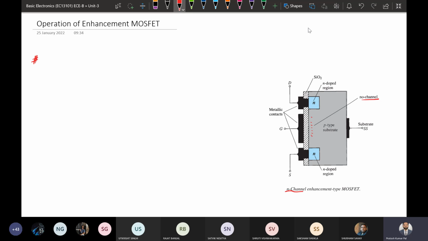To create a channel, we need to apply a gate voltage such that it attracts electrons in this region, the channel region. These two, source and drain, are of N type. So the channel should have electrons available in this channel region.